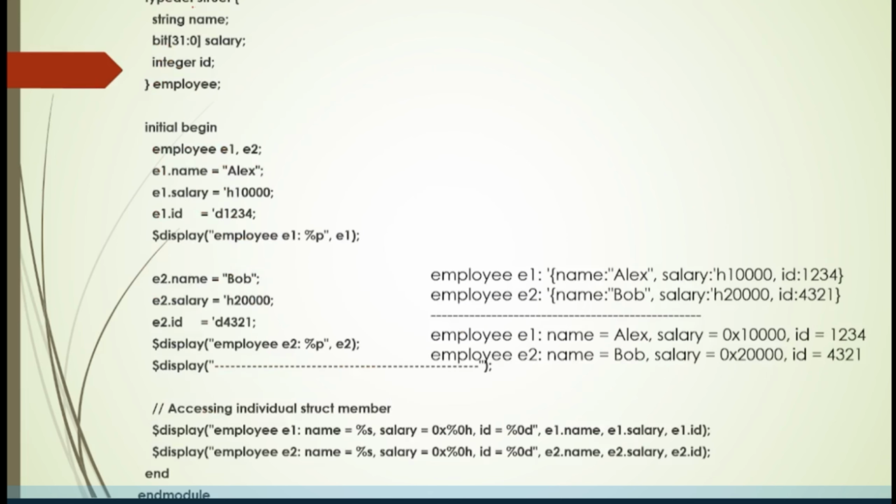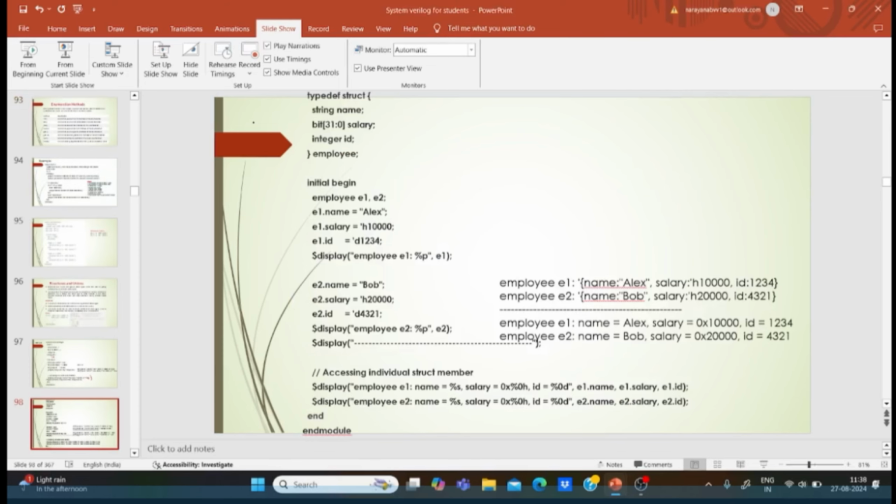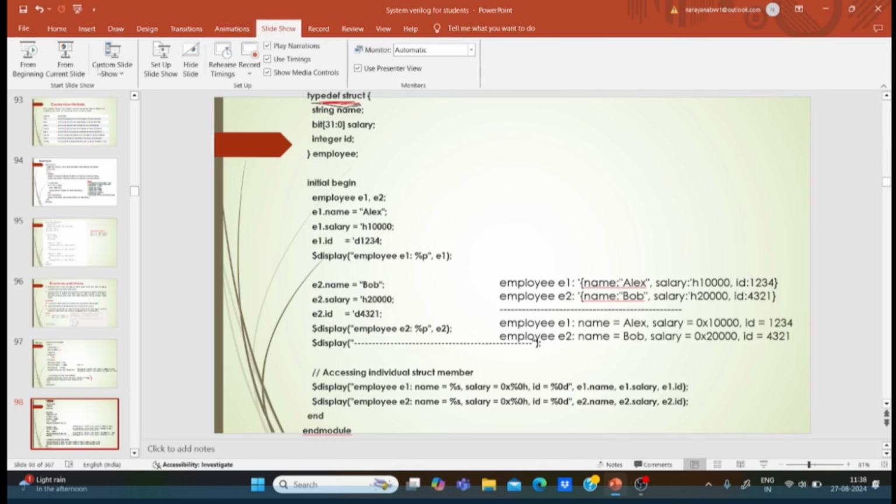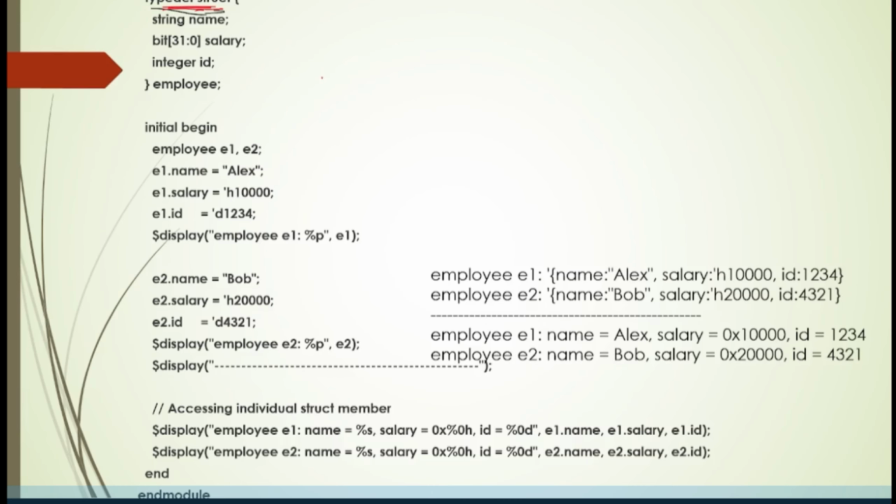Now if you see here, the same thing, what I have done is I have taken the typedef struct. So you already know that if we are using a typedef struct, then you can use it as a user defined data type.